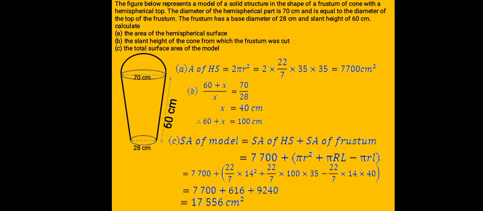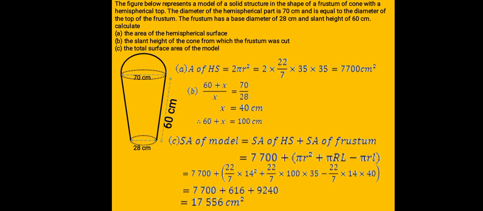So you find x to be 40. Now 60 plus x, we get 100. So that is the slant height of the original cone before the frustum was cut from it.